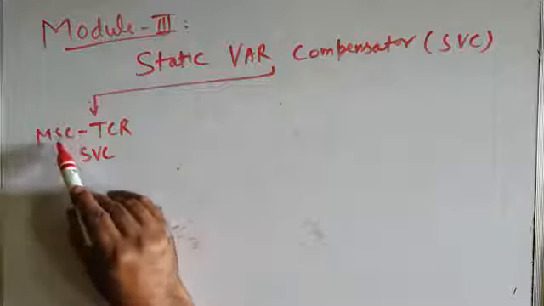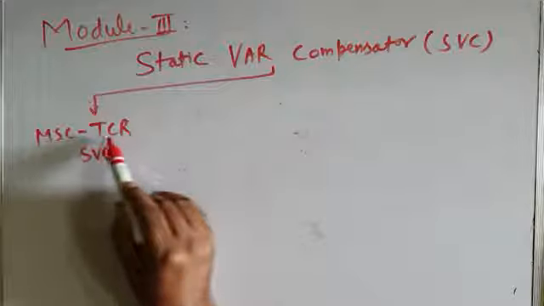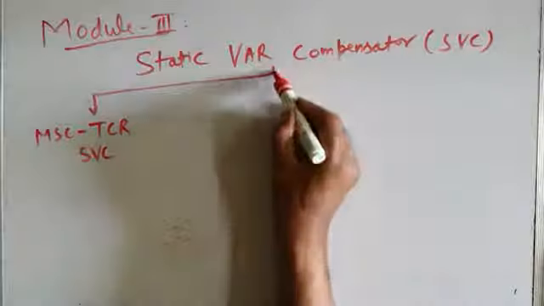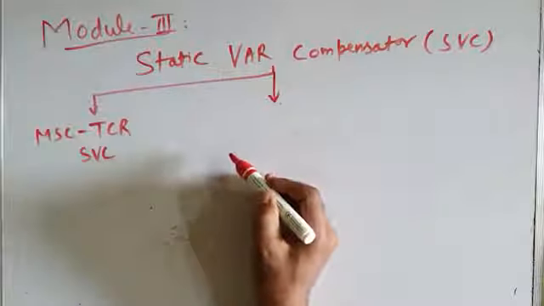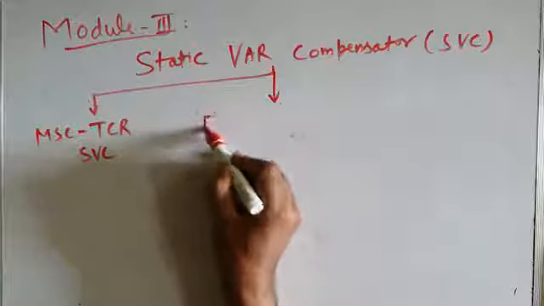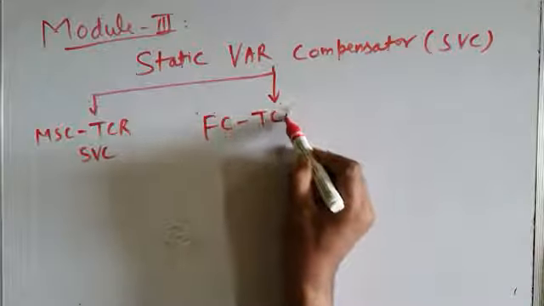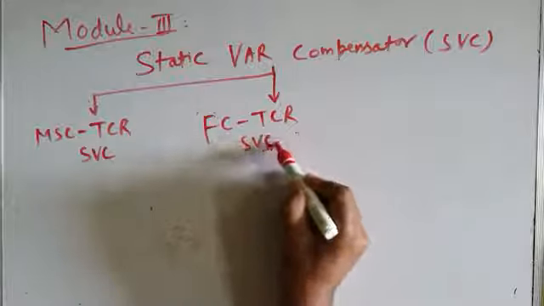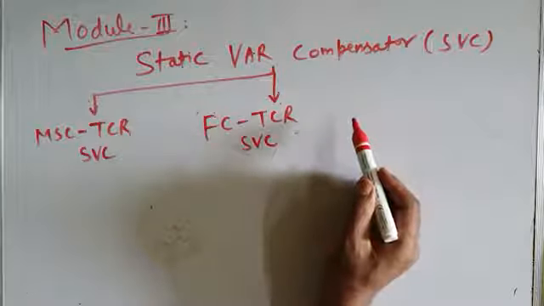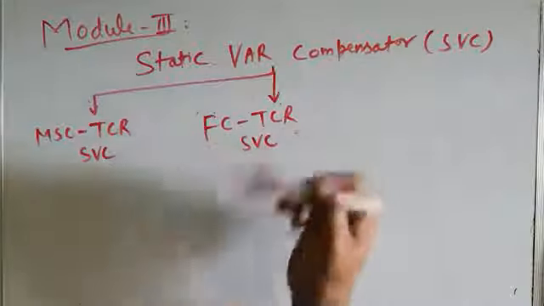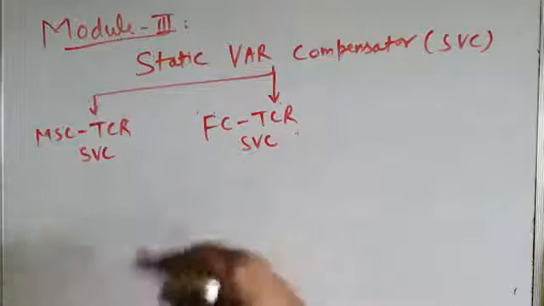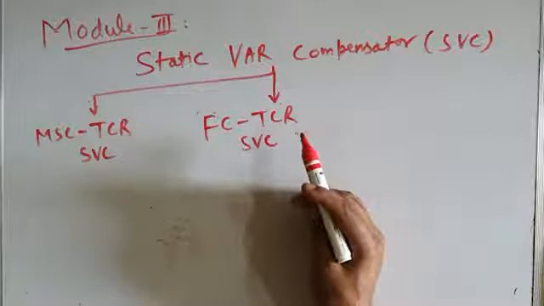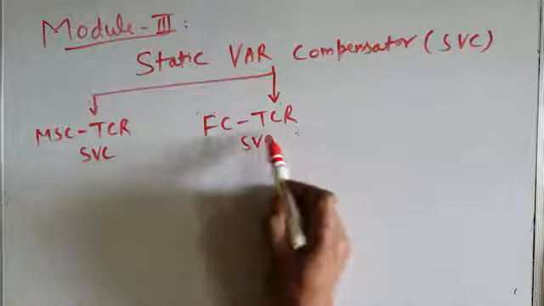That's why we have mechanically switched capacitor, MSC, TCR, SVC. Second type is where the capacitor is fixed. So fixed capacitor dash TCR type SVC. The capacitor bank is permanently fixed to the system, and it continuously generates reactive power and keeps on injecting that reactive power into the system. So it is FC, TCR, SVC.